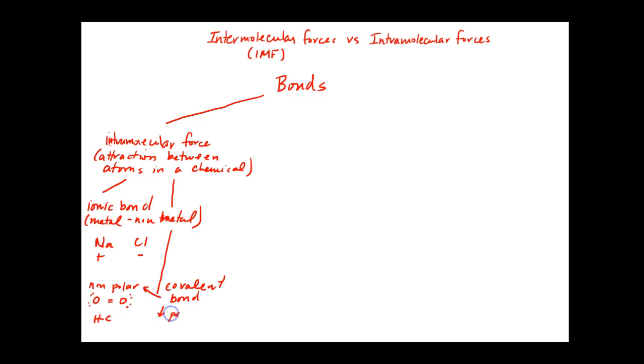Polar bonds are where one chemical is more electronegative than the other. However, their difference isn't so great that one can pull the electron completely away from the other, but instead it pulls it closer. The more electronegative atom will pull the electron closer to it than the less electronegative atom.